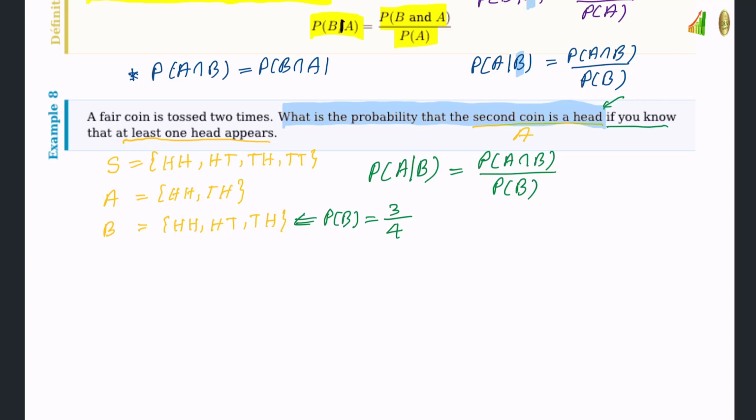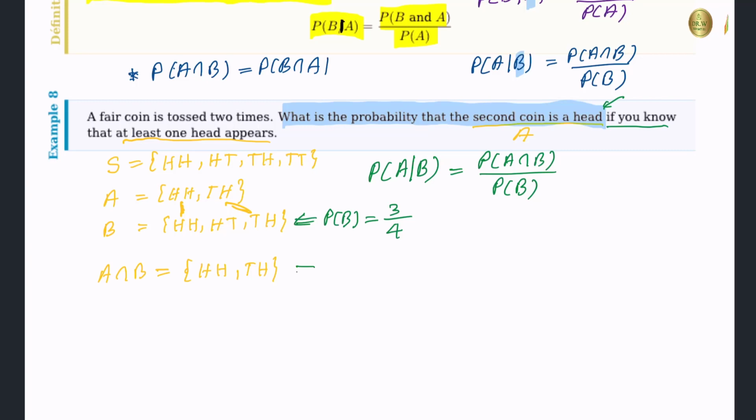That is the probability of B. Now we need to find the probability of A intersection B. So I need to first write down the elements of A intersection B. What are the elements of A intersection B? You know HH is common and TH is common. Therefore HH and TH. That is A intersection B.